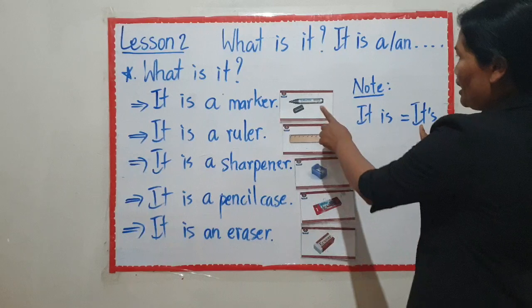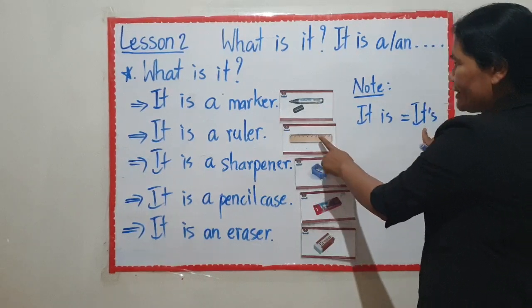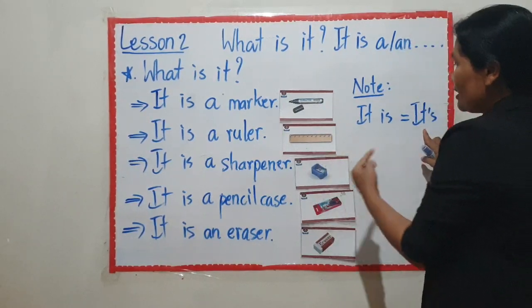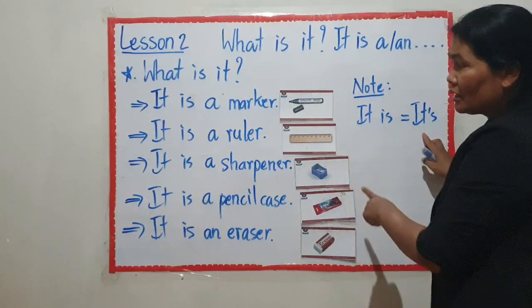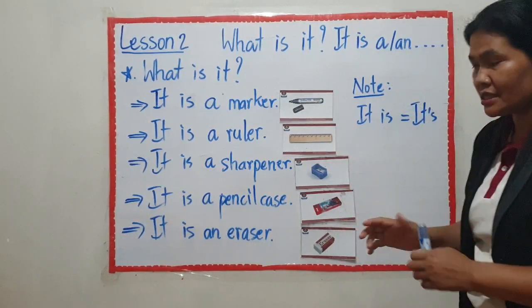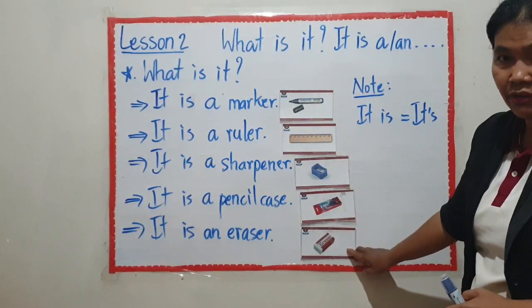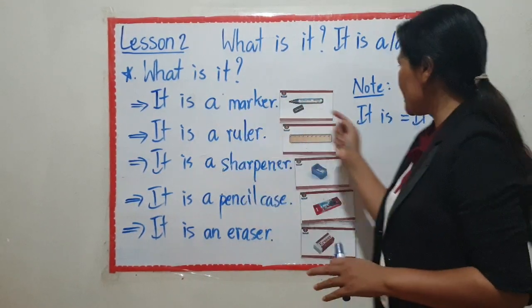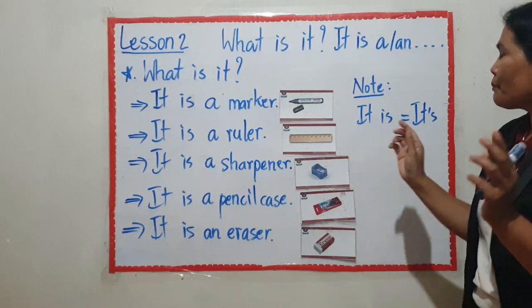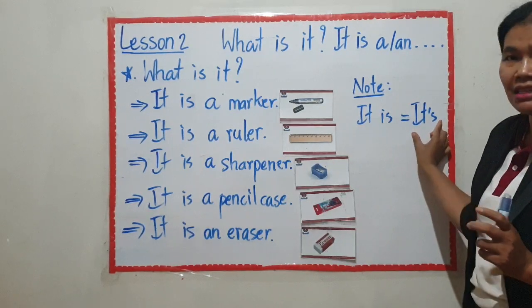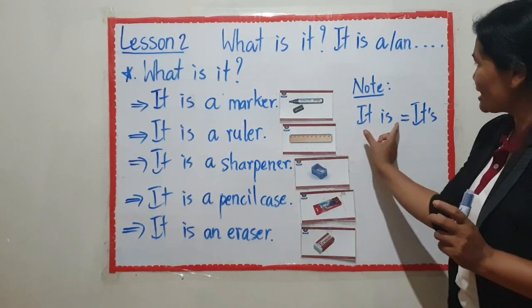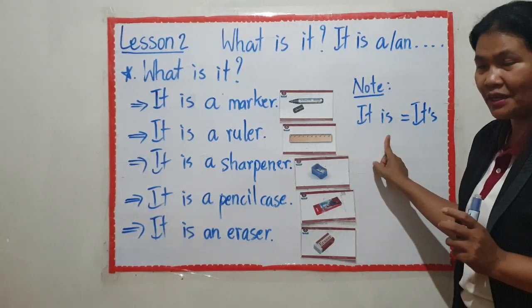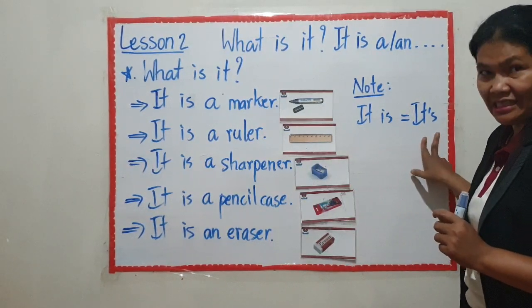For example, it's a marker. It's a ruler. It's a sharpener. It's a pencil case. It's an eraser. It's just a little bit different because this one, it is, is the full sentence, but the short sentence is it's. The full sentence is it is. The short one is it's.